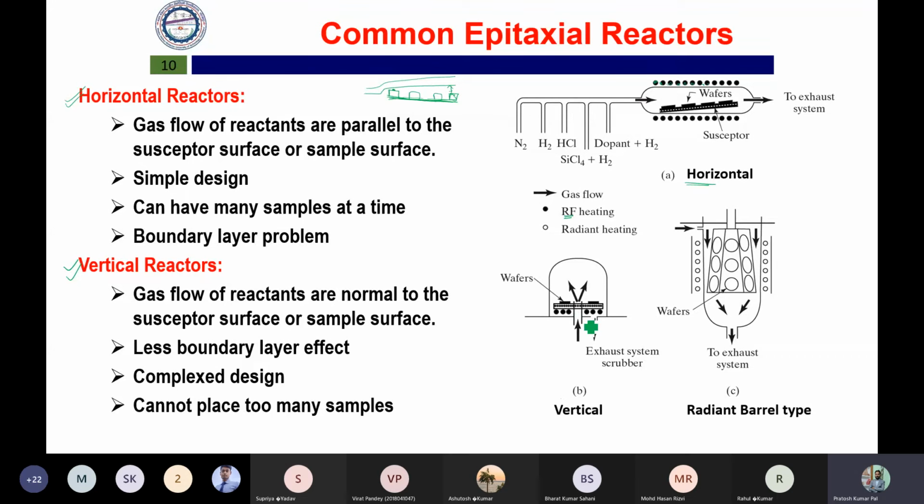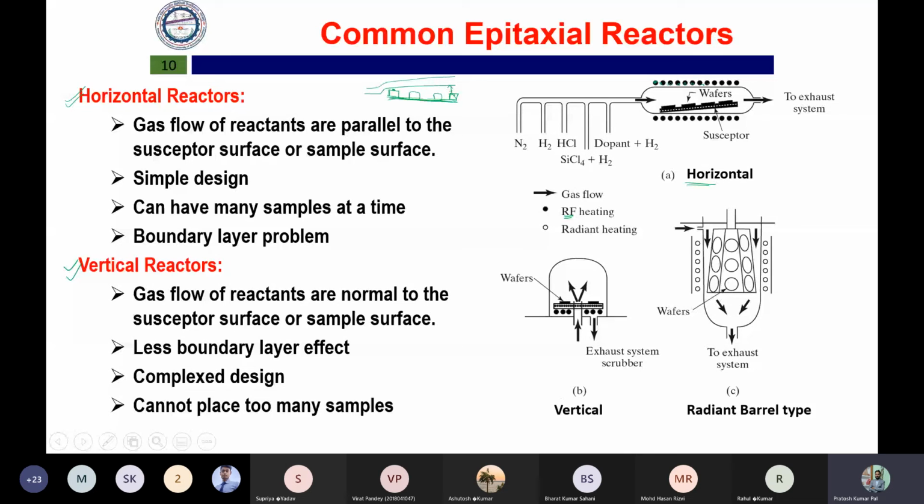We cannot have a large sample, because once the gas is passing through this hole, only the surfaces near this opening will have the vertical gas flow. All others will not have the vertical gas flow. So this idea of vertical reactors is basically nullified. We cannot have a large number of samples at the same time.